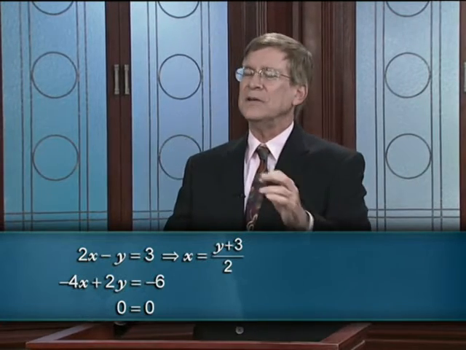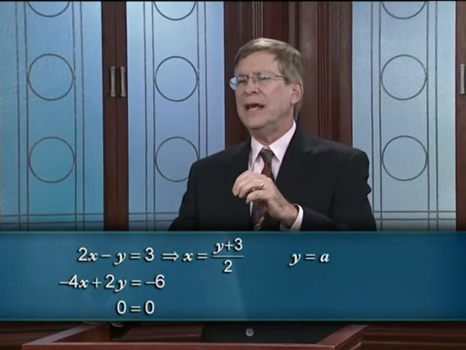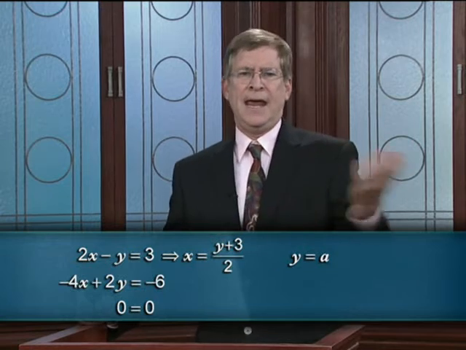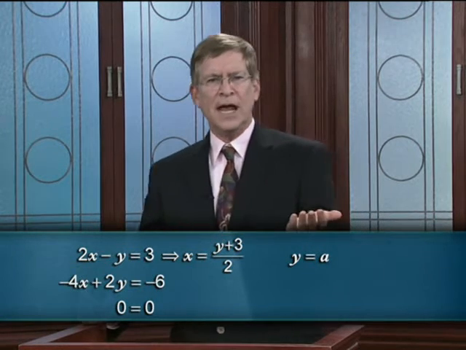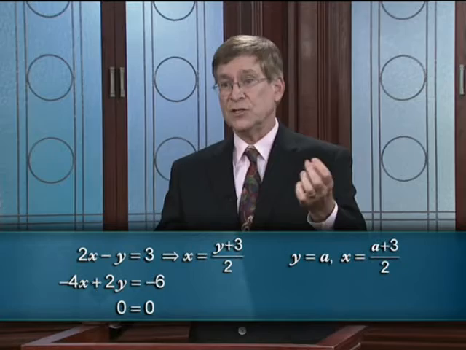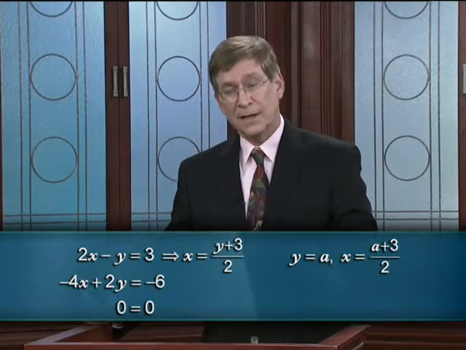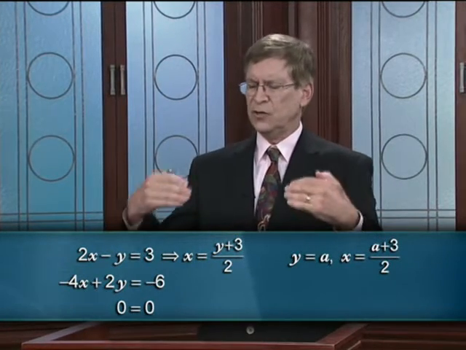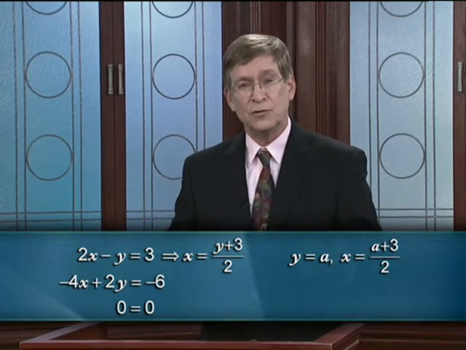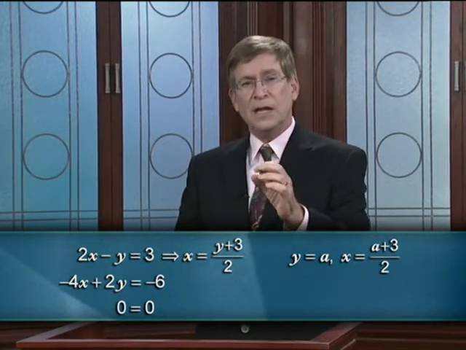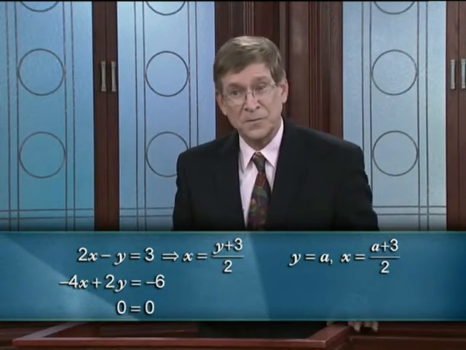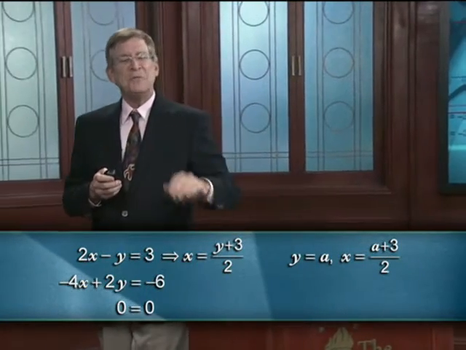Sometimes they'll even say, let y be any real number, call it a. If y is a, then x is determined: x is (a plus 3) over 2. That's a very common way of illustrating that there's an infinite number of solutions. For every real number a, you generate a solution. What's the geometry of this case?